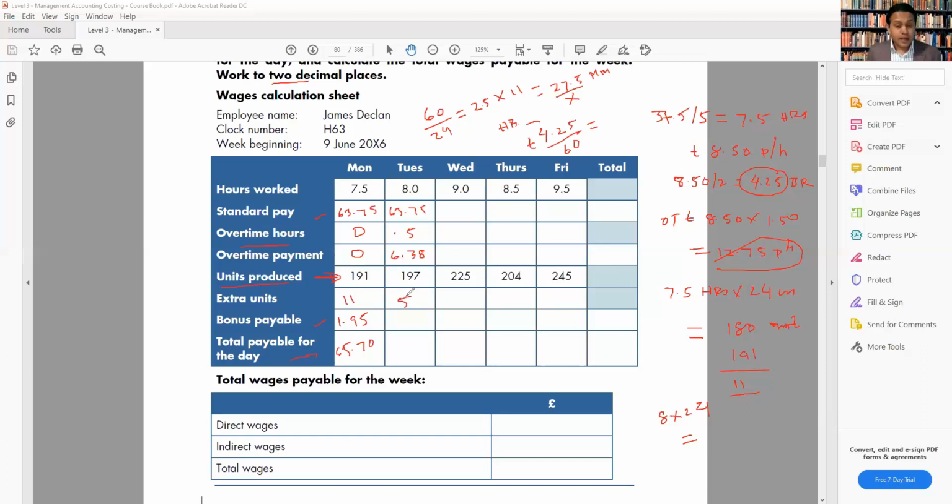Now if he made 5 units extra, how much will be the bonus for that? Can anyone calculate that the way we did before? Here we need to multiply by 5 now. So 2.5 multiplied by 5 will give you the minutes, and the result we have here, we multiply with that, and that will give you the bonus.